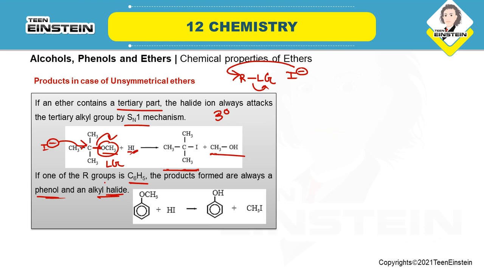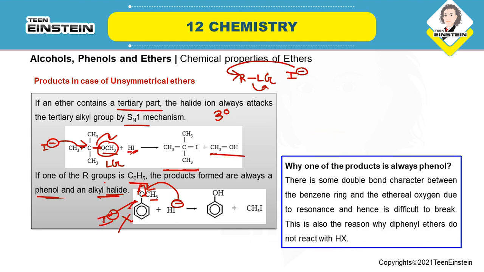So here we have this aromatic ether, methyl phenyl ether. So here I minus will attack this CH3, and this carbon-oxygen bond will be broken. It is not that the I minus is attacking this carbon. No, that is not possible.